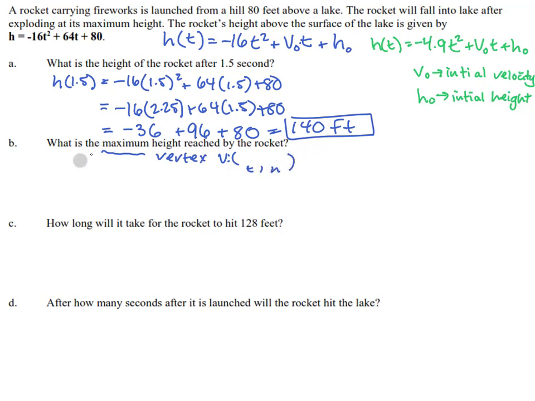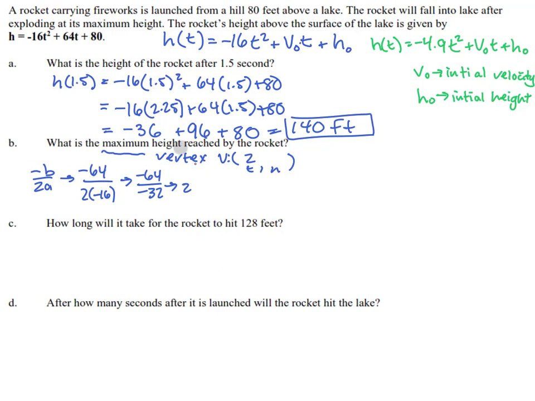We can go back to our formula: opposite of b over 2a gets me the x-coordinate of the vertex. You'll also notice that's part of the quadratic formula, as mentioned before. So negative 64 over 2 times a, which is negative 16. We get negative 64 over negative 32, which gives us exactly 2. So it's at 2 seconds that it reaches its maximum height.